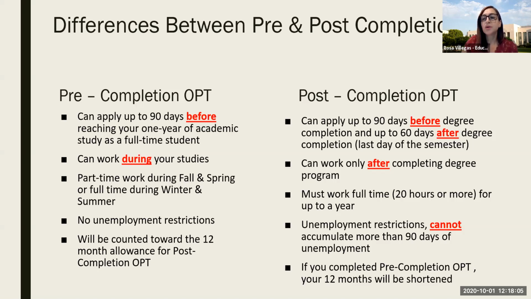So based on your own needs and your goals, you will need to decide if you want to do pre-completion, work while you're studying, if you're able to manage work and studies, or if you would rather wait and work full-time after you graduate. So at least you can see and compare the differences.